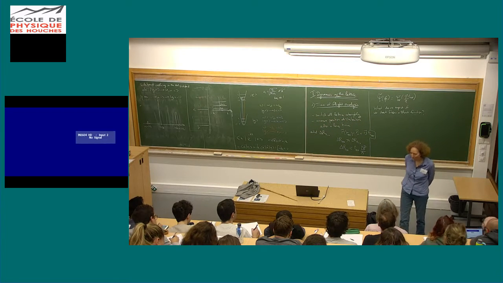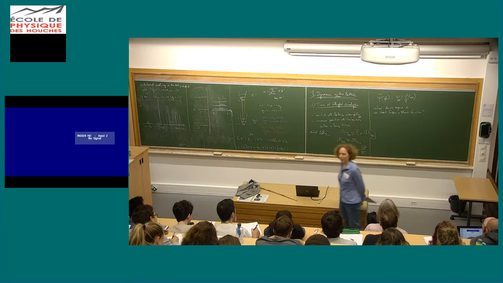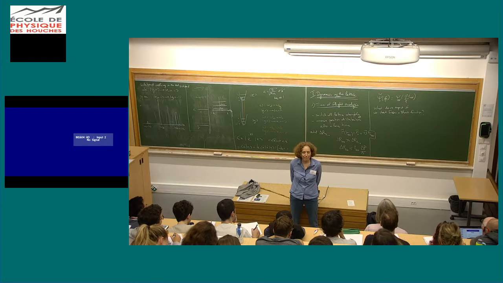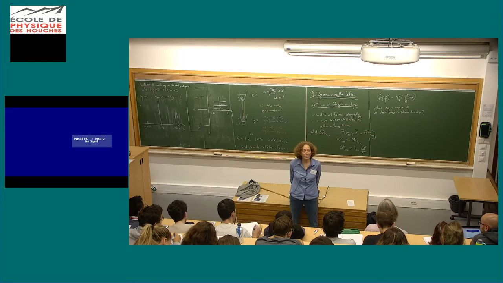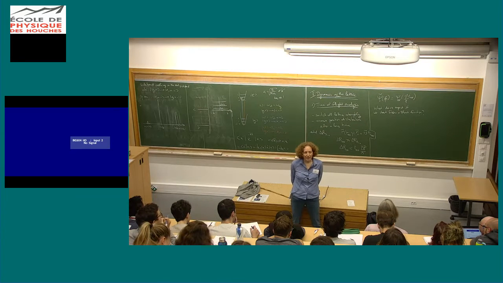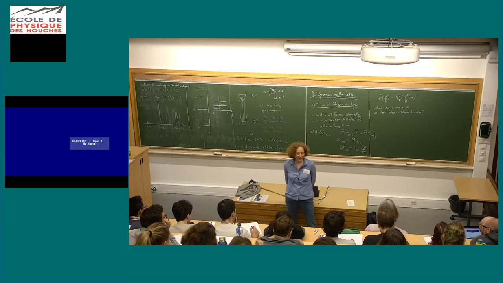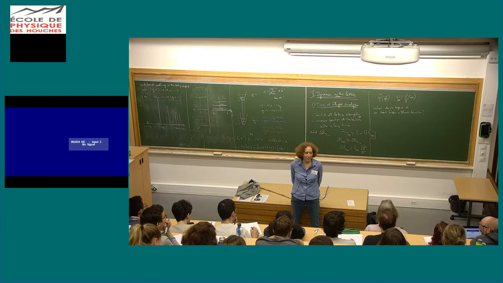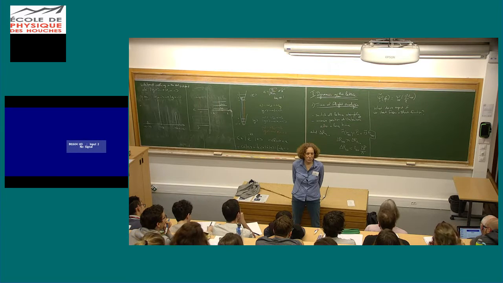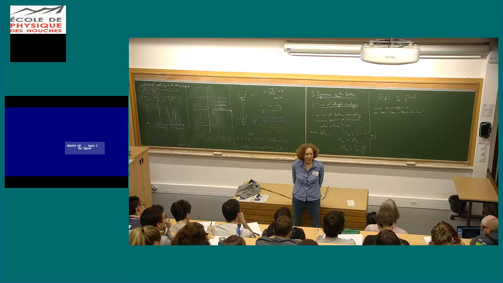The answer is not written. So what do I expect? Yes? Depends on the depth, but you will see several peaks. And why should I see several peaks? Because there is a spatial modulation. So you have a wave traveling in one direction and a wave traveling in the other direction, and they form a standing wave. Yes, this is the beginning of the story.